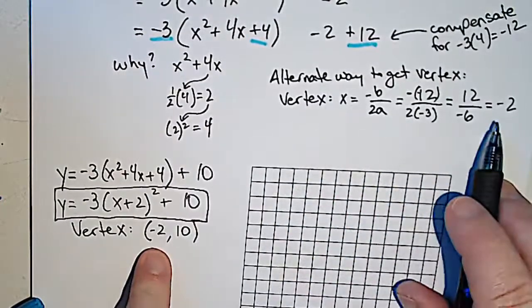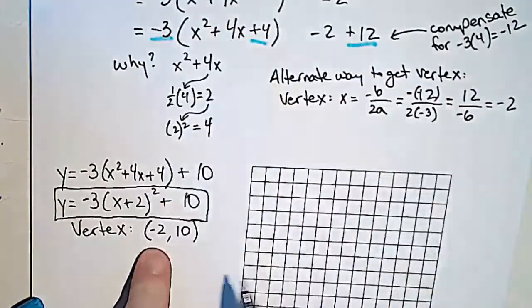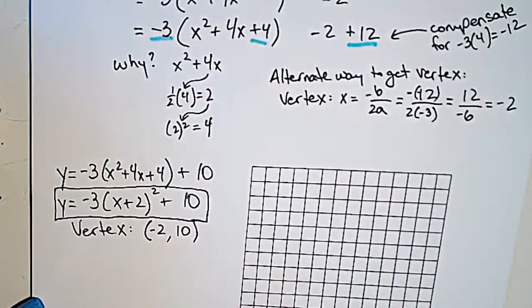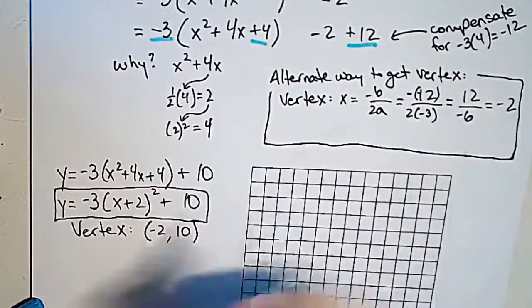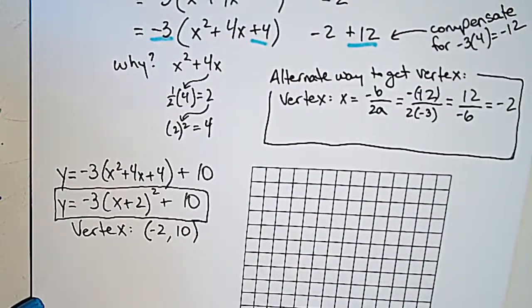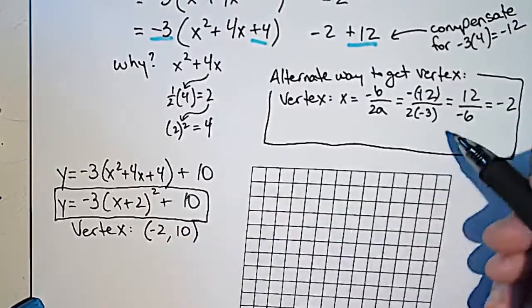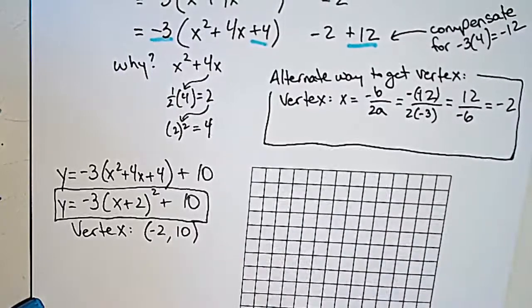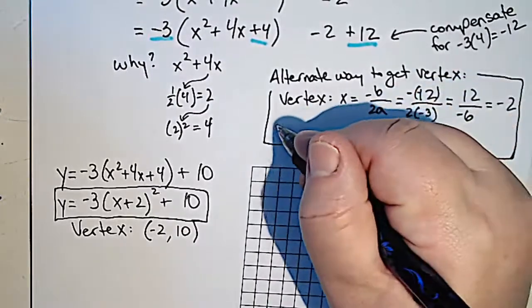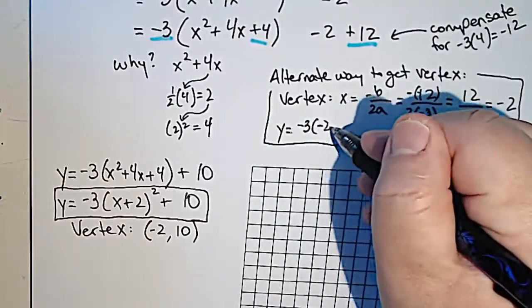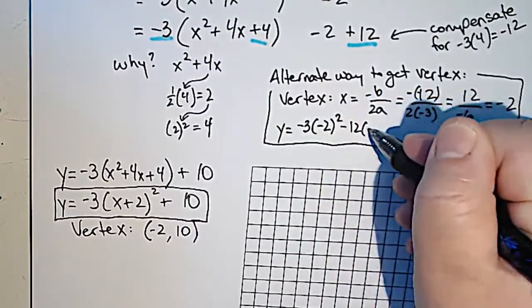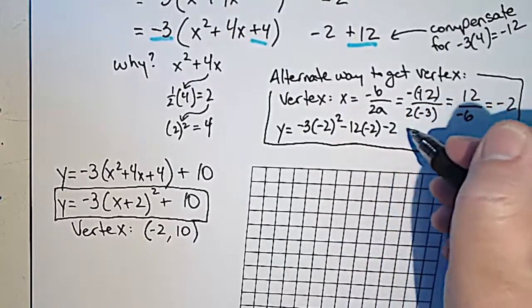Notice I did this in one line instead of in 438 lines. So if you do not need to come up with standard form, this is the quick and dirty way to get the vertex. Now, that's just the x coordinate. To get the y coordinate, of course, you would have to plug in negative 2 to the original equation.